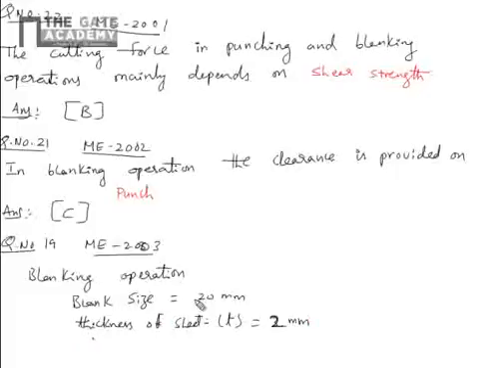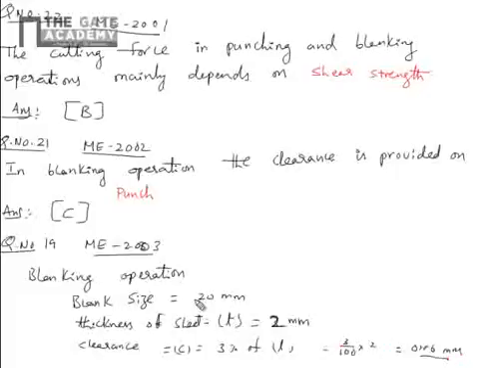If we mention 3%, it means 3% of thickness always. That is equal to 3 by 100 into 2, 0.06 mm.